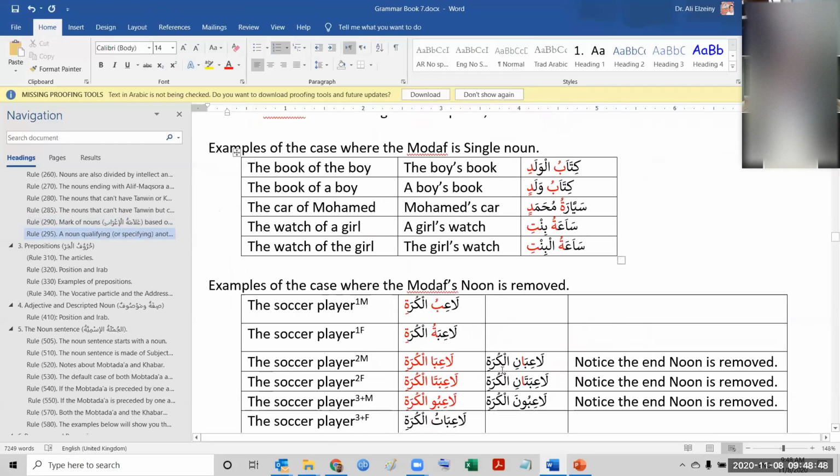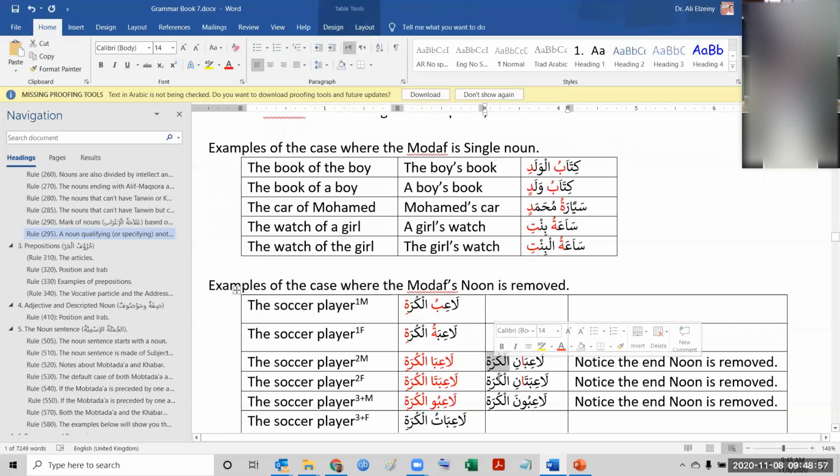The player here is soccer player, two males. But for the mudaf ilayh or the second noun, sometimes I call this adding two nouns together, combining two nouns together, where one qualifies the other.